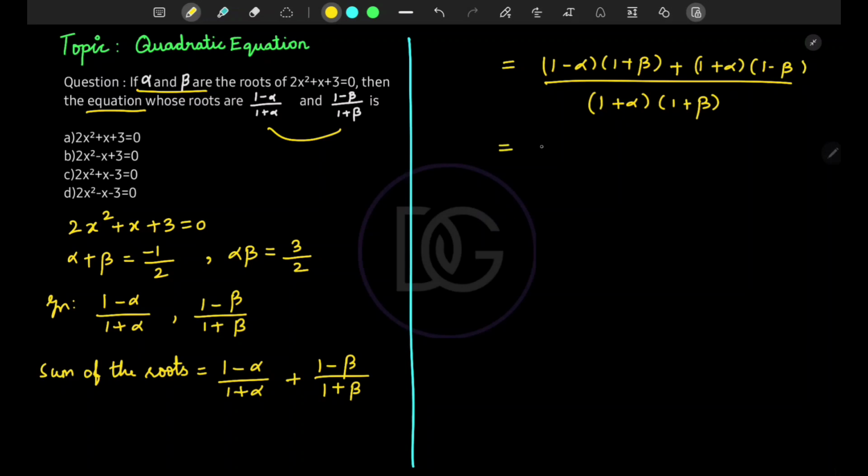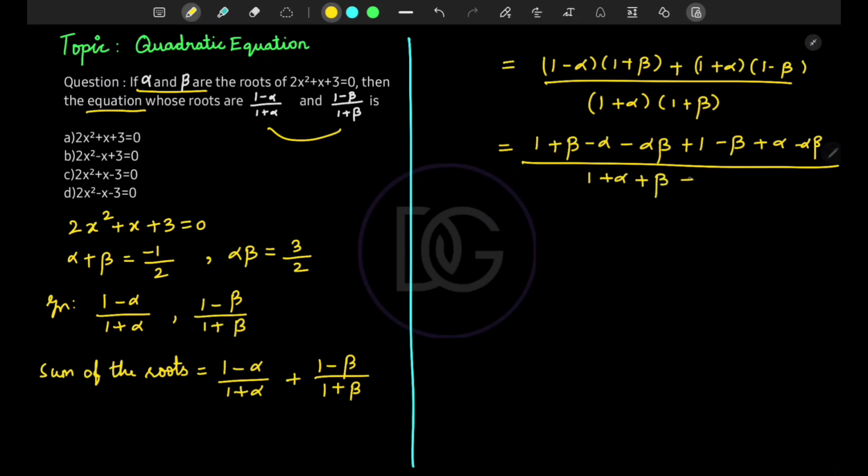Just simplify this, you can get 1 plus beta minus alpha beta. For the second term, 1 minus beta plus alpha minus alpha beta, whole divided by, just multiply these two, 1 plus alpha plus beta plus alpha beta.